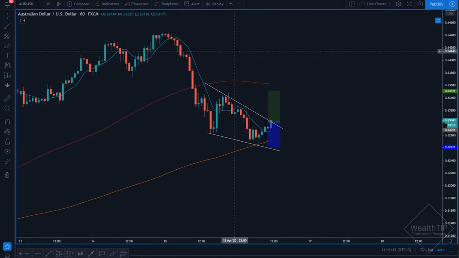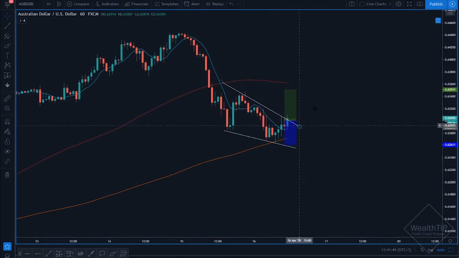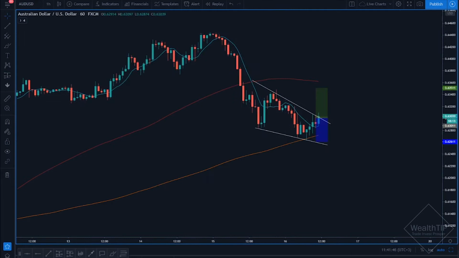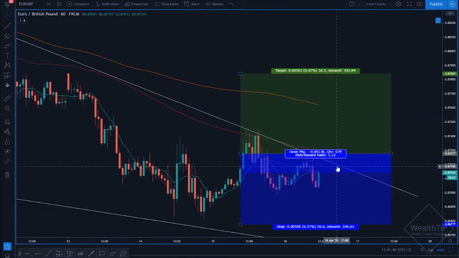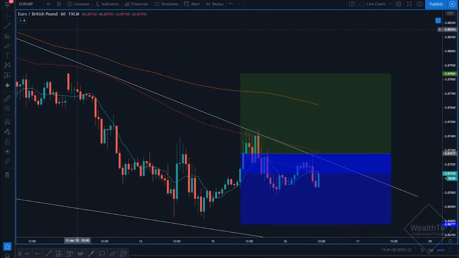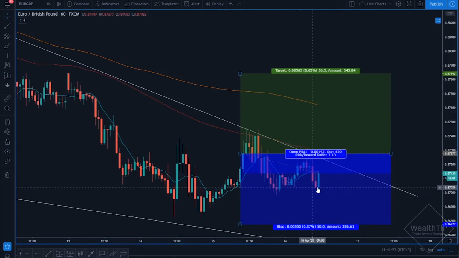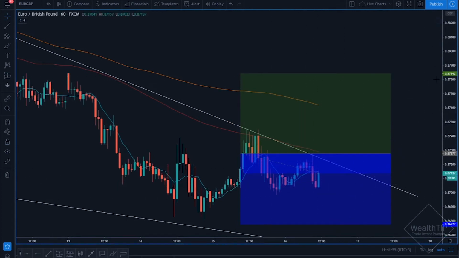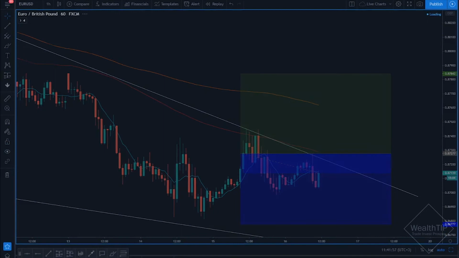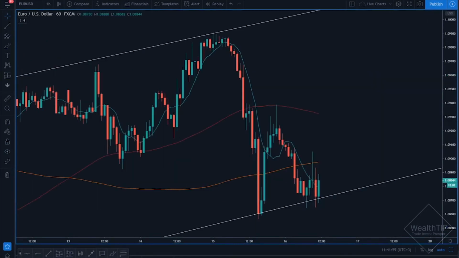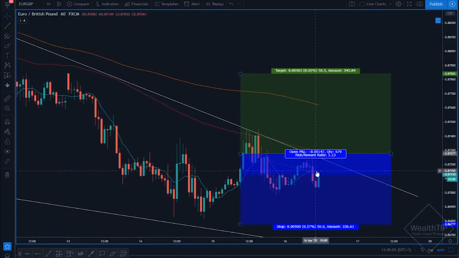So, like I said, guys, we're just going to have to wait and see how this trade plays out. And like I also mentioned earlier, I am still in this euro pound position. So we're currently floating in the red. And the reason I didn't take a position on the euro also is because I'm already in a euro position.